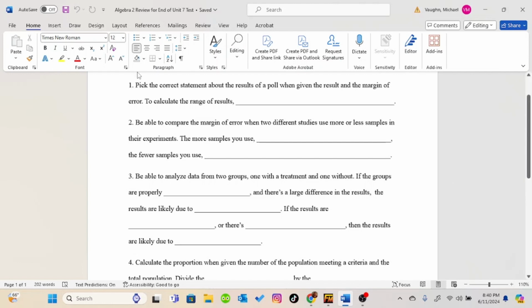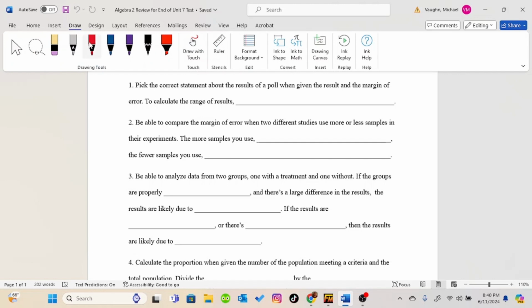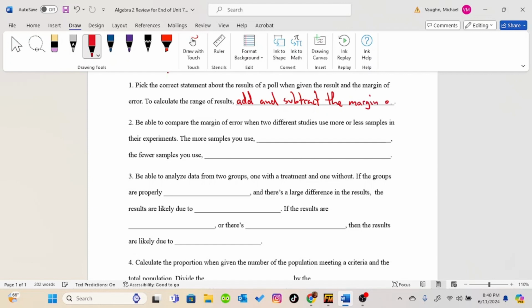What you need to remember is that to calculate the range of results, you need to add and subtract the margin of error from the mean.